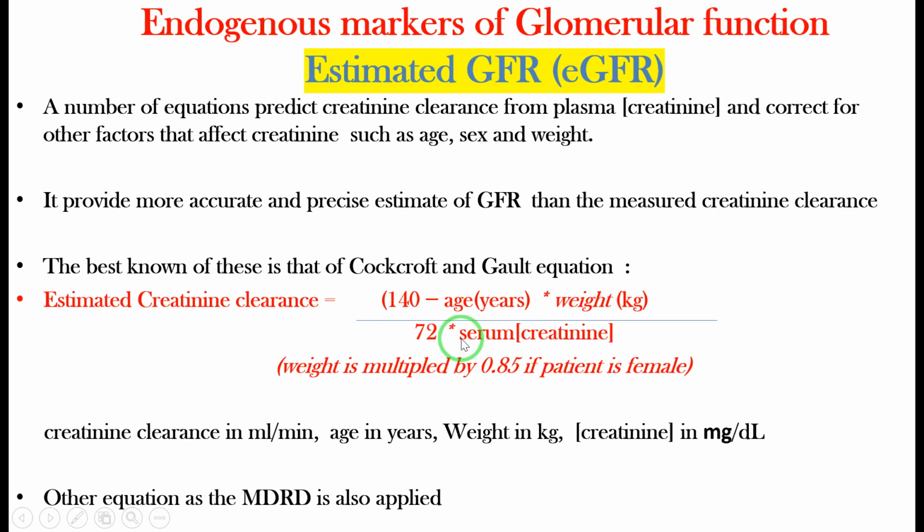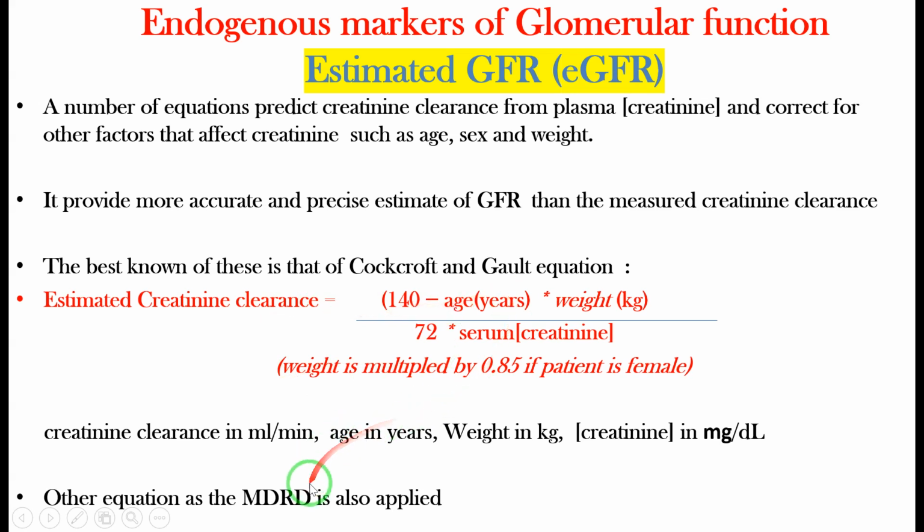In this case, only a single measurement of creatinine is needed, and if the patient is female, then the result is multiplied by 0.85 to correct for the gender effect, because creatinine is derived from the muscle, and the muscle mass is less in females. So it corrects for the weight, the age, and the gender.